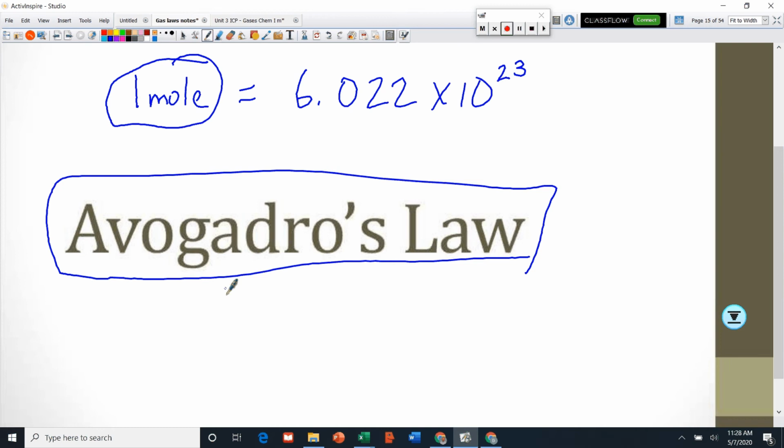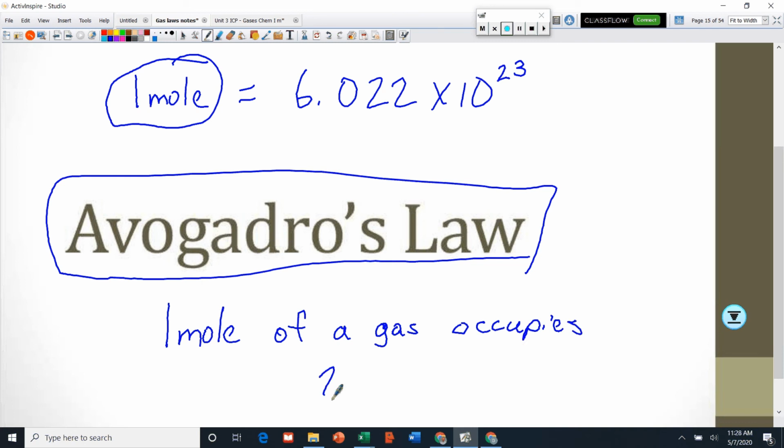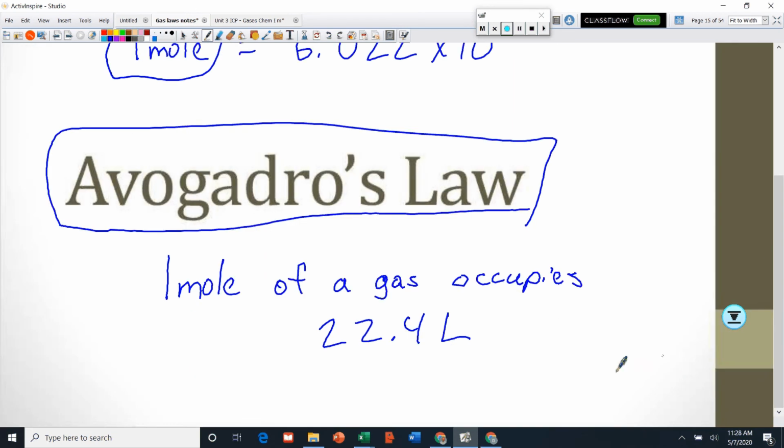Another relationship that Avogadro has, and this is the actual relationship that we're going to be using right now, is that 1 mole of a gas occupies 22.4 liters. You might remember this when we did stoichiometry. We used this a little bit.